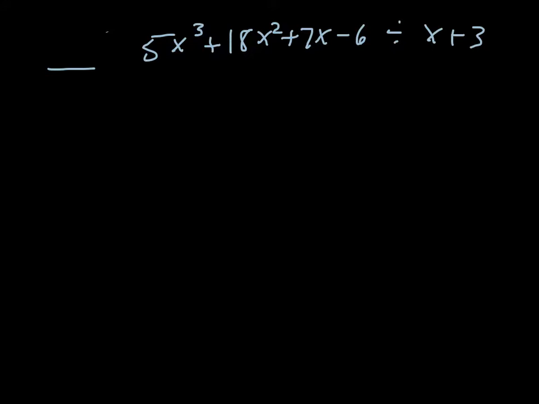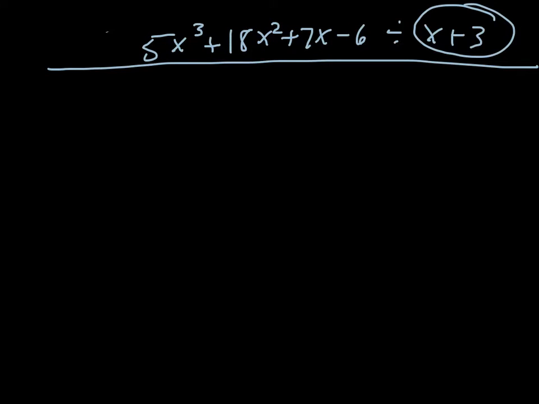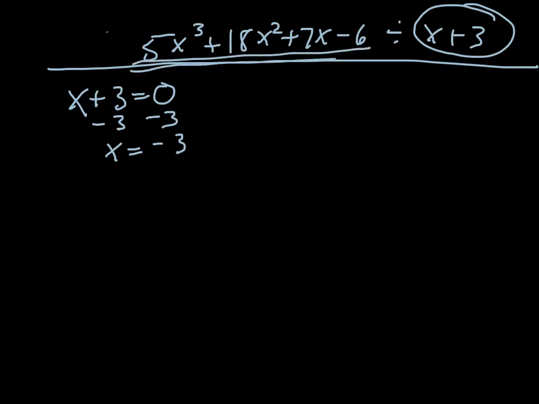So the first thing we want to start off with involves these two parts right here. You'd take x plus 3 and set it equal to 0, and then you subtract 3, and you get x equals -3. So that's the number that's going to be on the left side of the little bar I showed you earlier, and all these numbers here would be on the right.